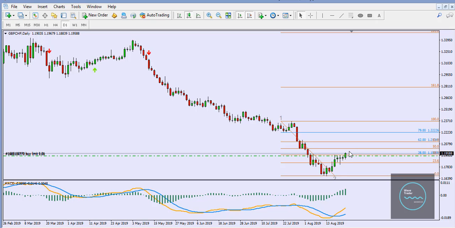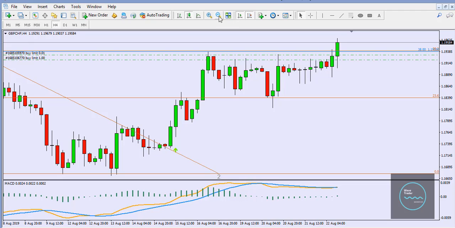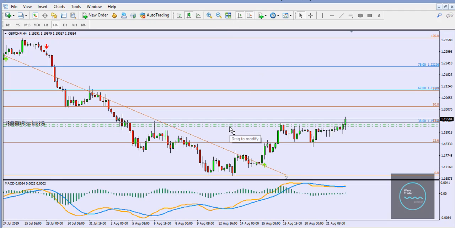You can see that the MACD has crossed, and even though there's no crossover yet on the EMAs, that's still okay, because just using price action we can tell that there's still a little bit of upward potential here. On the 4-hour chart, you can see what's going on. This is the first level, the second, and then the third is just beginning.